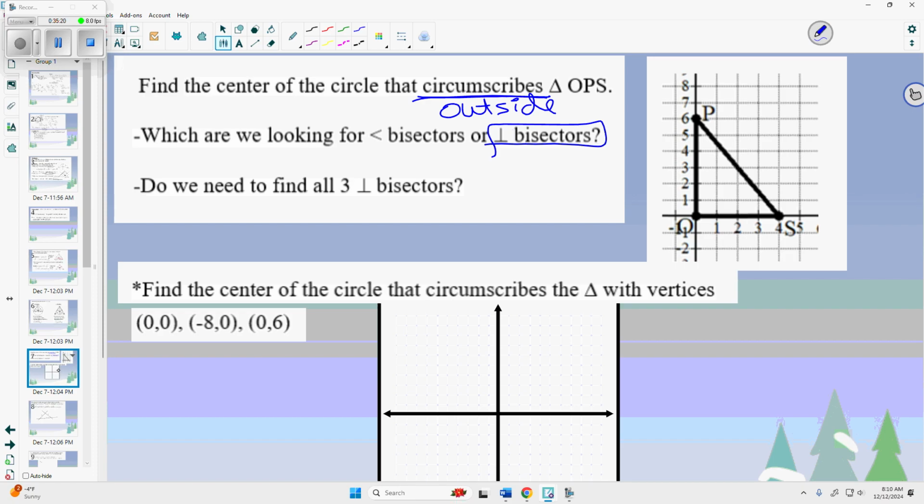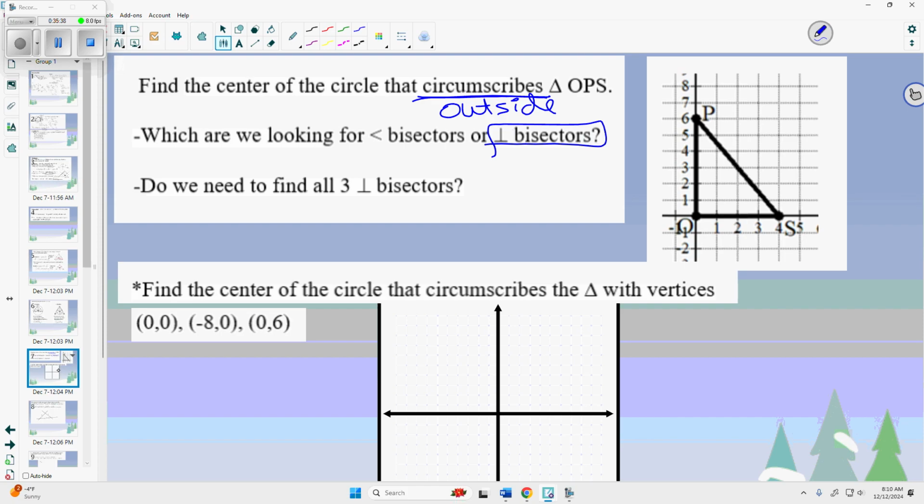We could turn the paper. Okay, I think we can do it easier. PQ and QS, because what's perpendicular to a vertical line? Horizontal. What's perpendicular to a horizontal line? Vertical. So your easier ones are the vertical and the horizontal.